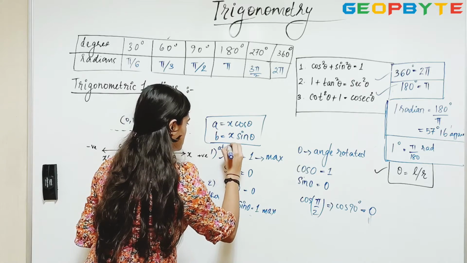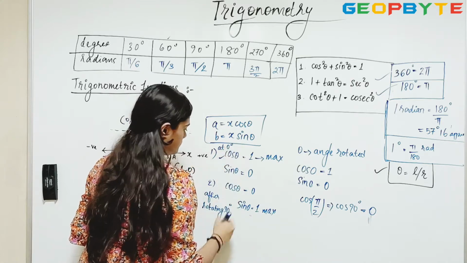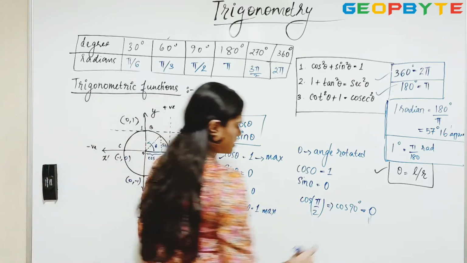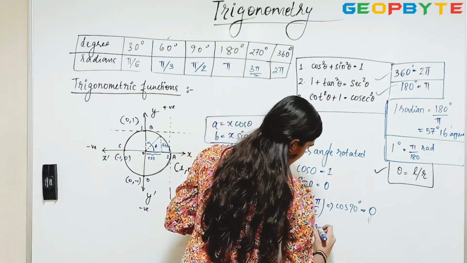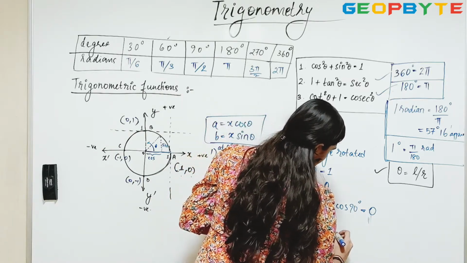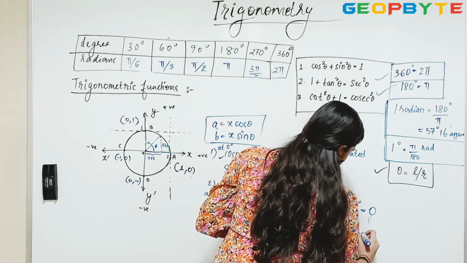This is at 0. Then we have only sine component. So cos is 0 and my sine 90 degree would be 1, which is maximum.